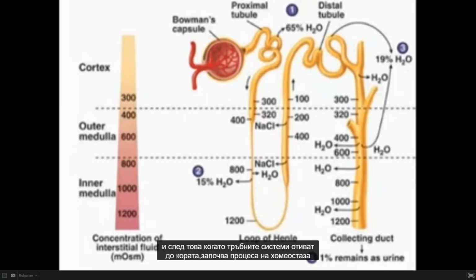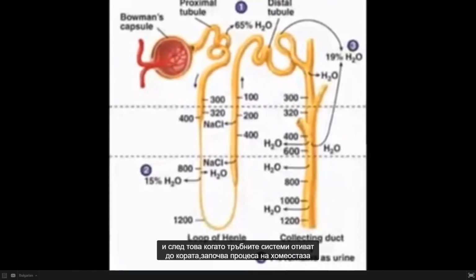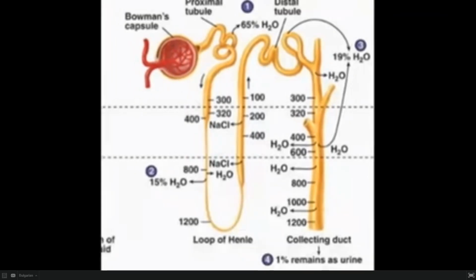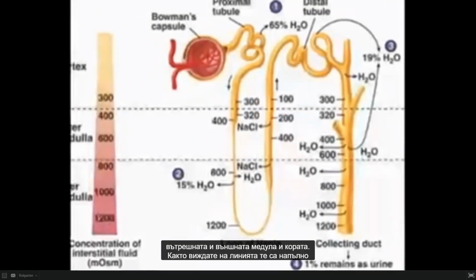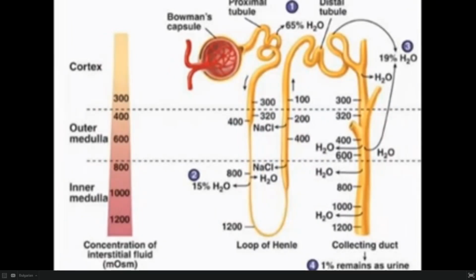Then when the tubular system goes up again to the cortex, the homeostasis process starts to equilibrate the state of osmotic pressure from the inner medulla to the outer medulla and cortex. And as you see, on the line they are completely equal.